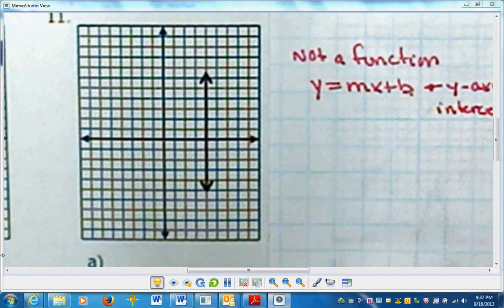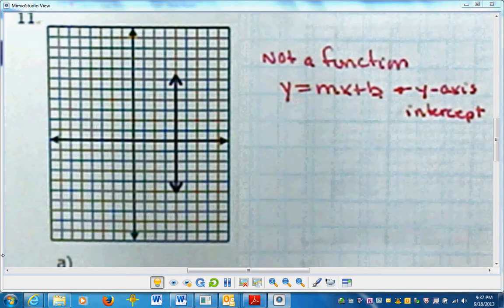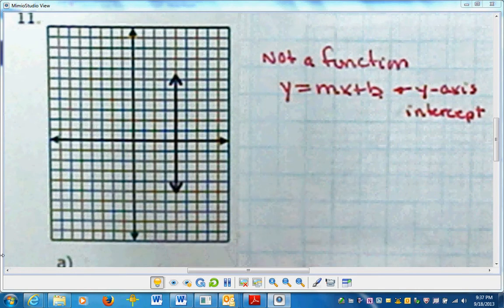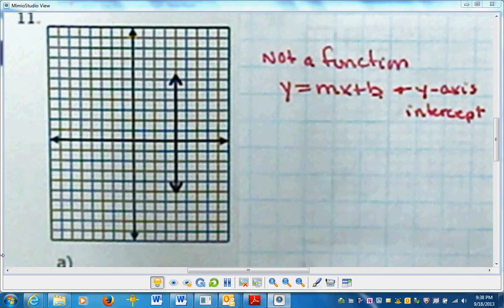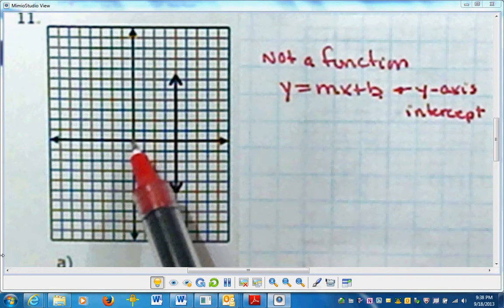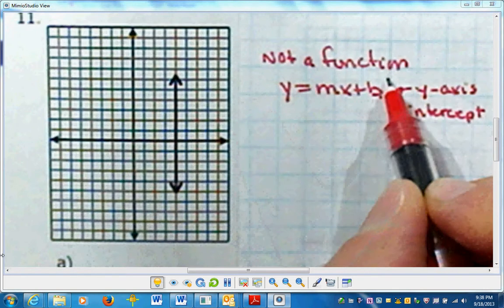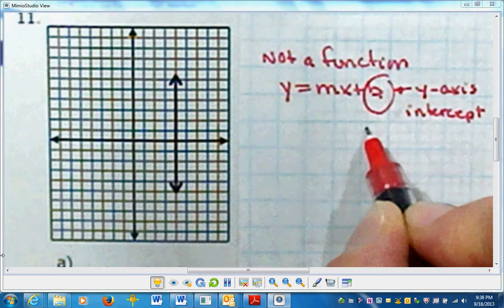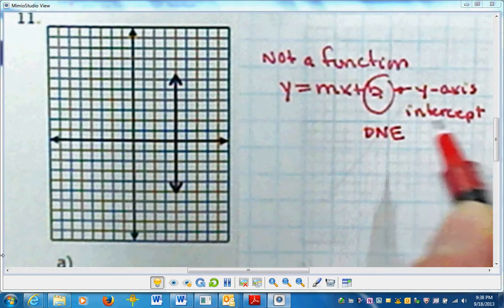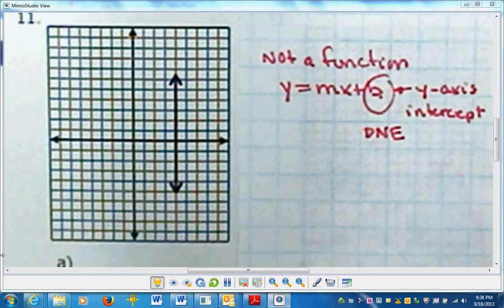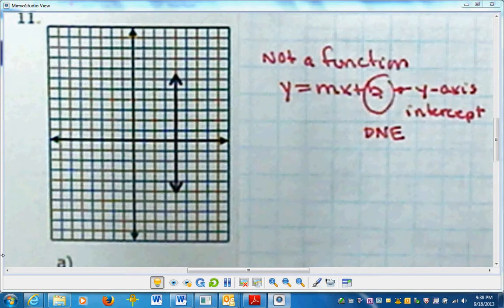Is this relation touching the y-axis? No. So we can't even write 0, because 0 would be right here. It's not that, so this does not exist.